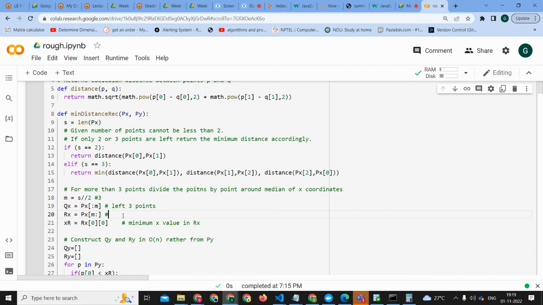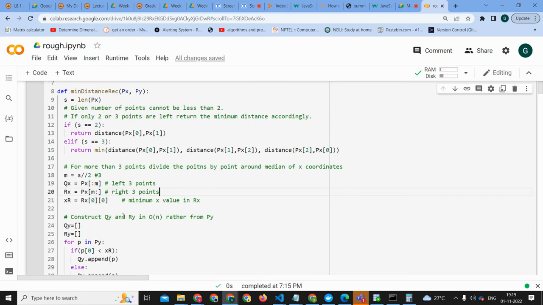RX is going to be the right 3 points. Is that fine, Uma, Ravina, Mahi, are you able to follow? Yes, sir. Great.